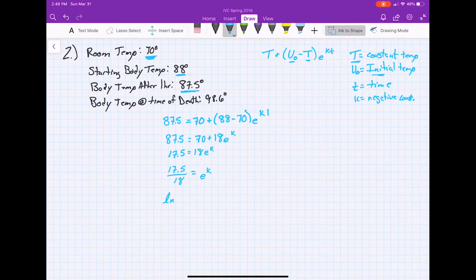So ln of 17.5 over 18 is equal to k. As before, we will use a calculator to figure this out, and the calculator says k is equal to negative 0.028170877.